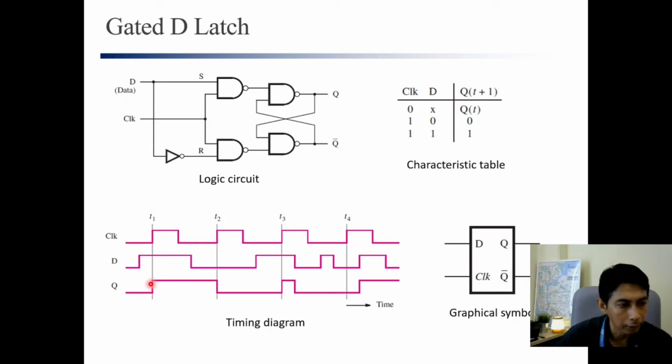But here, when active, it will follow the input here, so it goes to 1 until the next clock, and then it goes to 0 because here the input, or D, is 0.